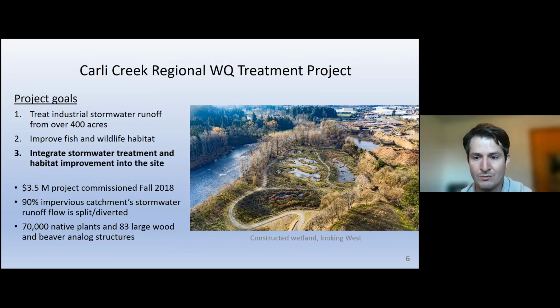So what is the project? Kind of an intro background to it. Around 9 or 10 years ago, Wes approached a gentleman that owned this piece of land nestled between the Clackamas River and Carli Creek that received a lot of stormwater runoff and had been getting hammered for decades, the creek.